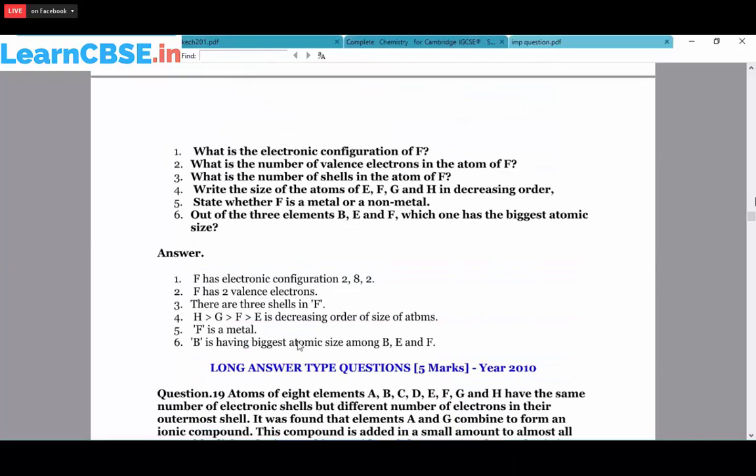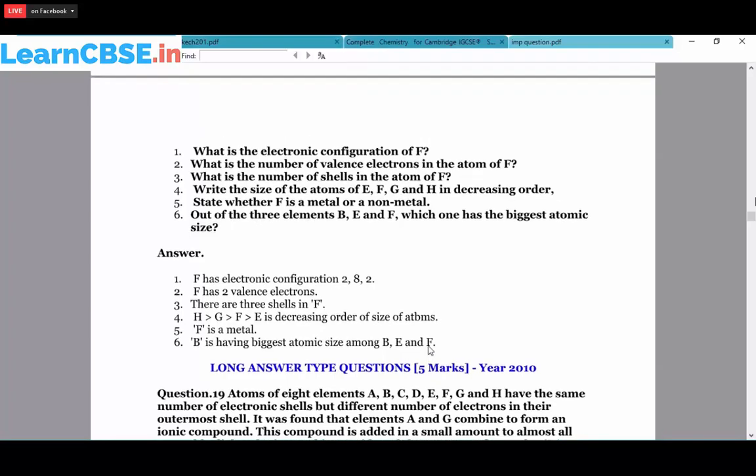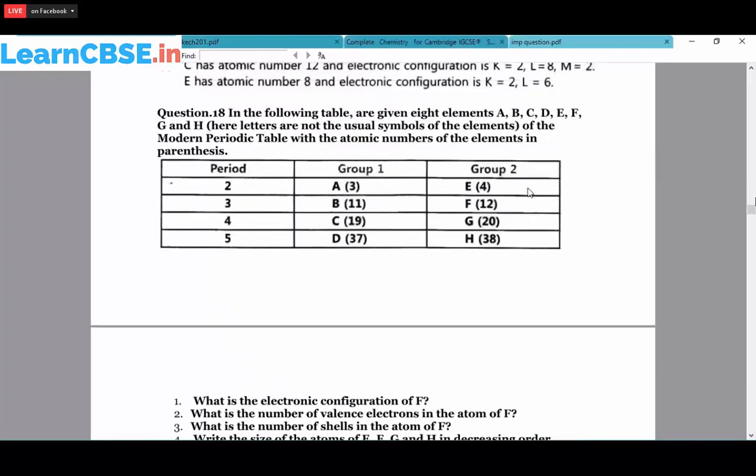So B is having the biggest atomic size among the B, E and F. Because it is present in the third period, so it is having the 3 shells. But the E is present in the group 2, it's having only the 2 shells. So compared to the E, the B is having the more number of the shells, so the atomic size increases.